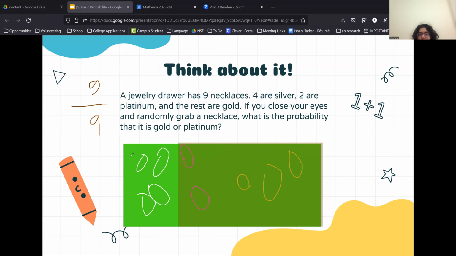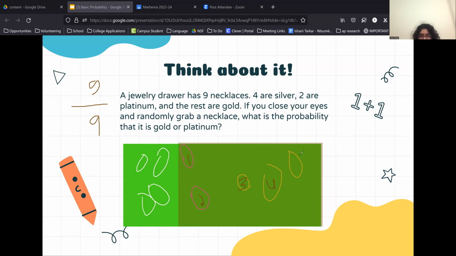So a lot of you got that correct. I think some of you may have multiplied something by accident instead of just adding it, and you might have gotten a different answer. But it should be 5/9 because the total number of wanted outcomes are 1, 2, 3, 4, 5.